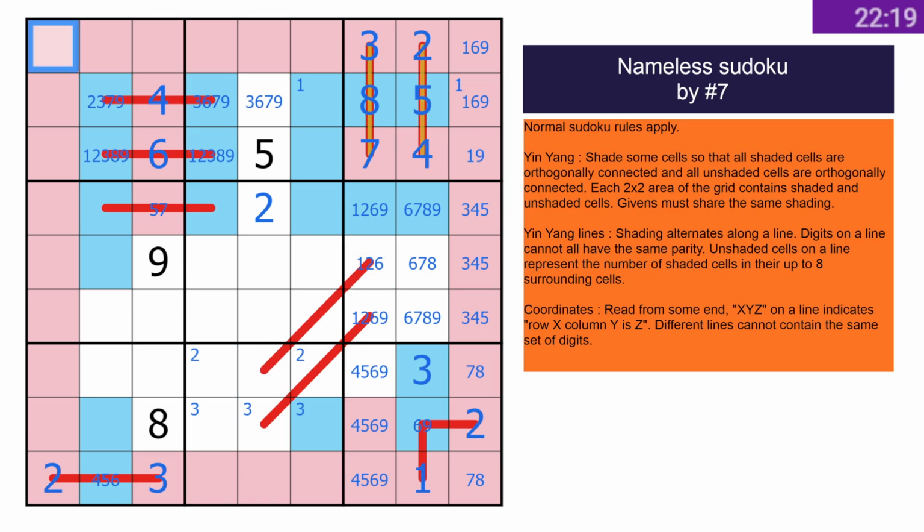So if it's blue, what are we looking at there? Oh, there's more than I thought that happens if that's blue.